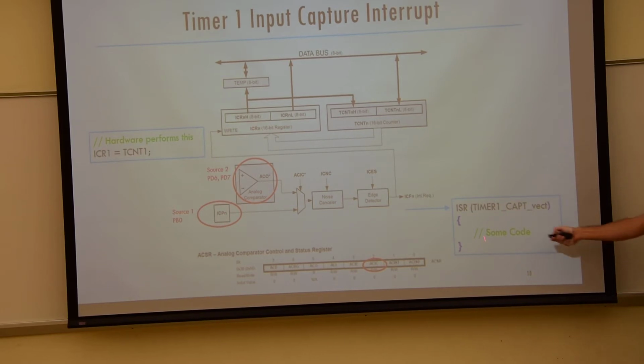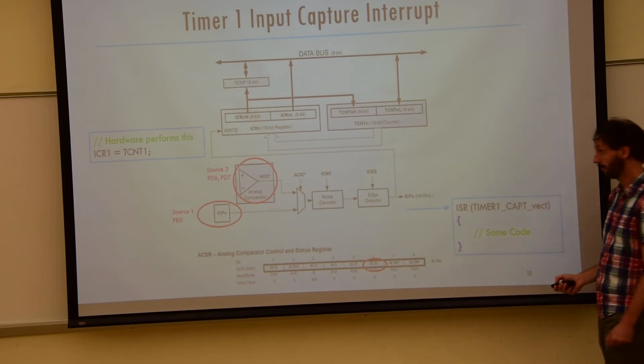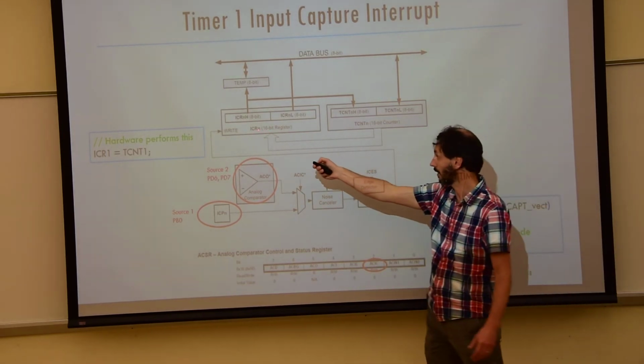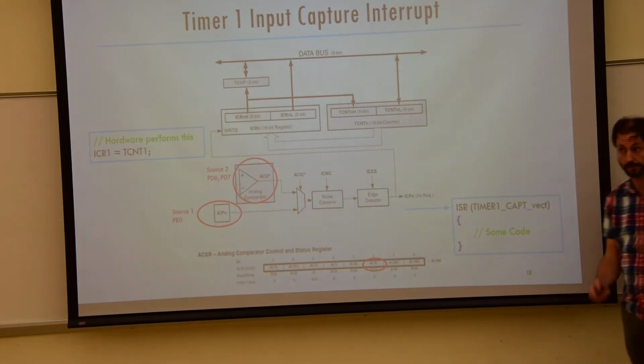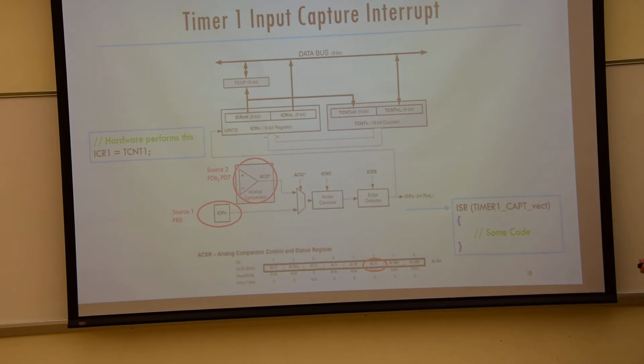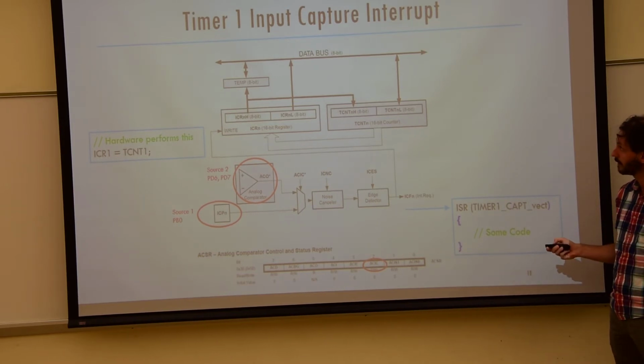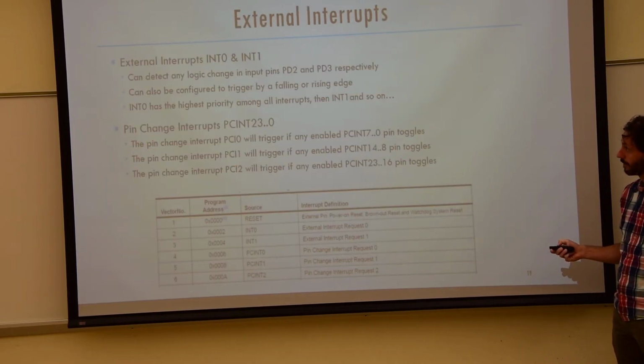Then I can have some code that registers that event by just reading ICR1, right? So some variable becomes that ICR1, and I will transform it into actual time, like milliseconds or whatever it is. So that's how you can think about this.